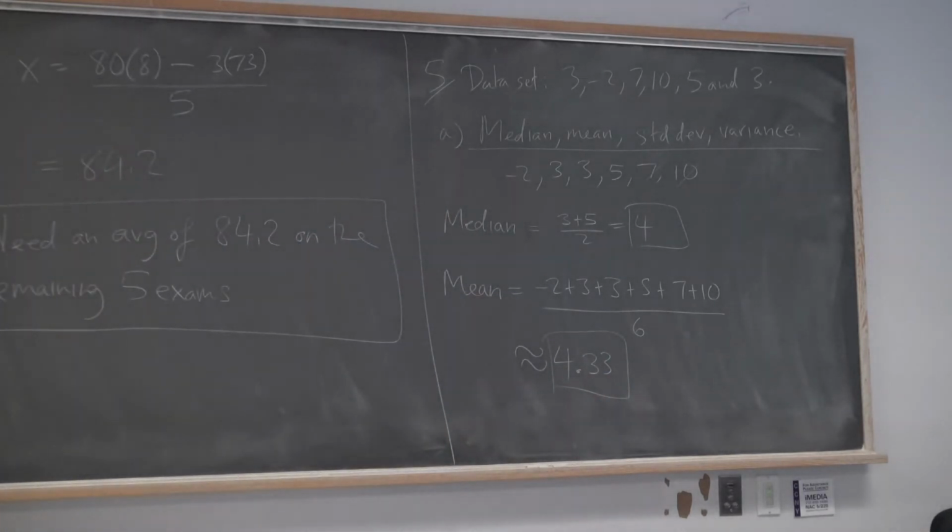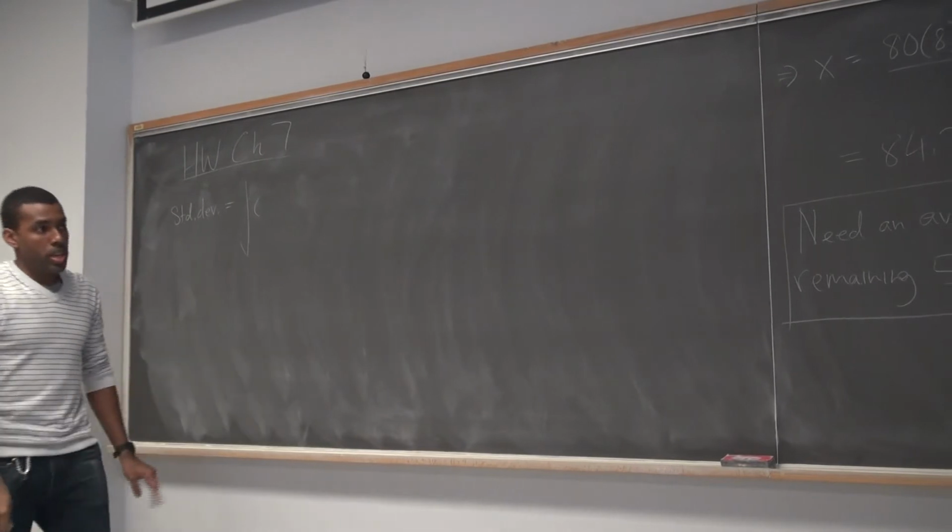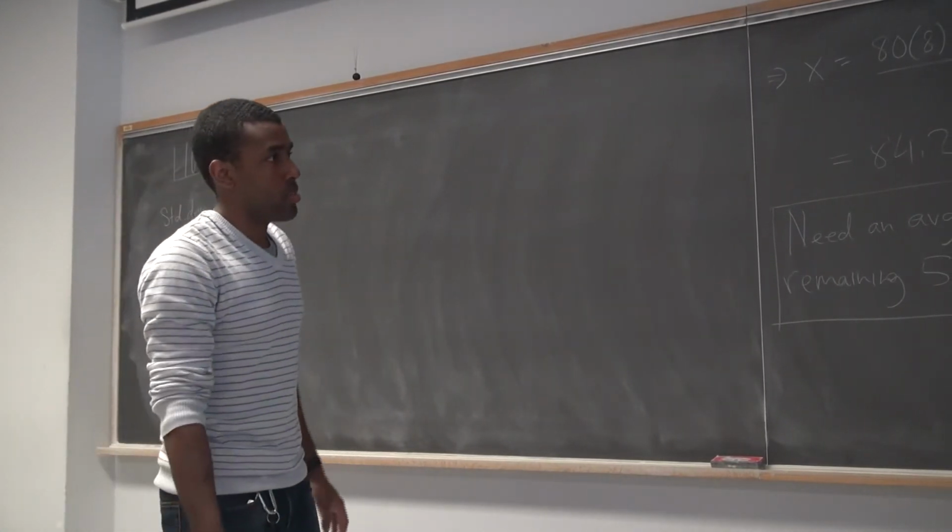Let's do the standard deviation. So the standard deviation formula is the square root of each value minus the mean. You square it, you add them all together, and divide by n minus 1.